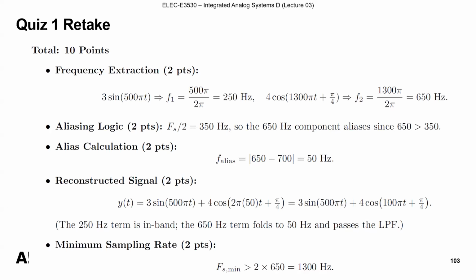And it results in 4 times cosine 100 pi t plus pi over 4. So the 250 hertz, the first part, is in-band. We call it in-band. And 650 hertz turns back to our signal band and passes through the low-pass filter. That is what is happening.